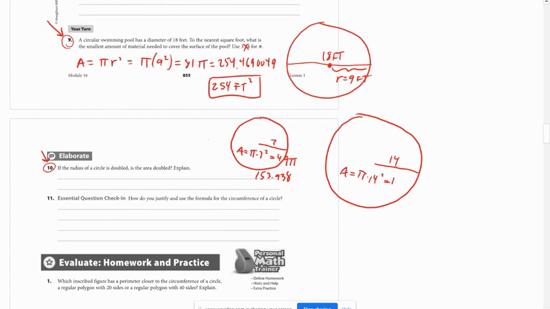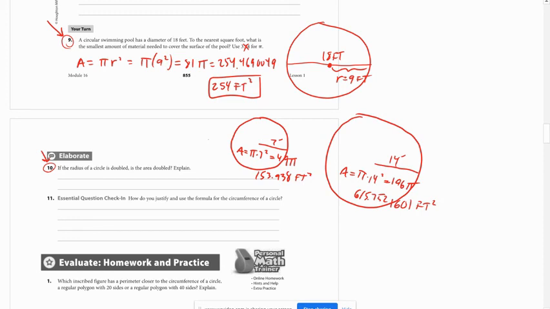For this one, the area is going to be pi times 14 squared. That's 196 pi. And 196 pi is about 615.7521601. They're both in, let's say, if this is in feet, then this would be square feet. Okay, so we see that it's not doubled.